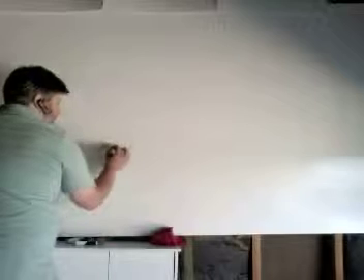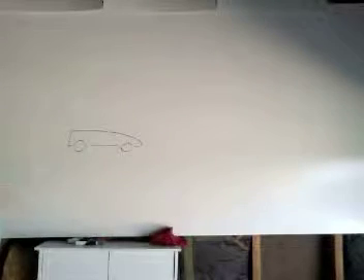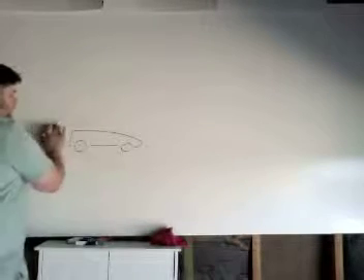So let's imagine that you're pushing a car. Here's my car. And you're pushing it with a particular amount of force. But the force that you're applying is in this direction. For some reason, you're pushing up on the back of the car as you're moving it. Now, you can easily do that.